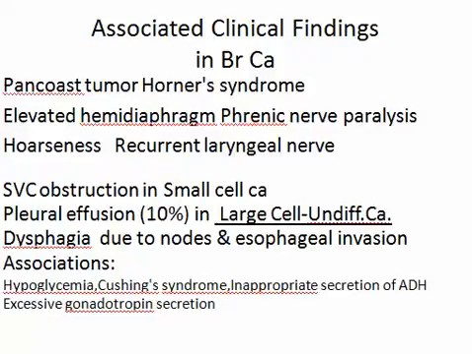For example, in pancoast tumor, you can find Horner syndrome, ptosis, miosis, anhidrosis. Elevated diaphragm means phrenic nerve paralysis. Hoarseness of voice due to recurrent laryngeal nerve. Superior vena cava obstruction, as in small cell carcinoma with development of collaterals on the surface of the body. Pleural effusion 10% in large cell undifferentiated carcinoma, you can find extension into the pleura. Dysphagia, that means nodes or esophageal invasion.